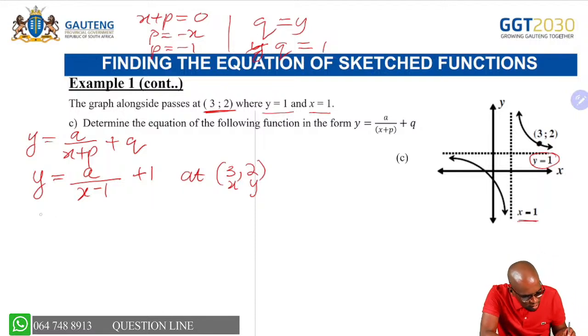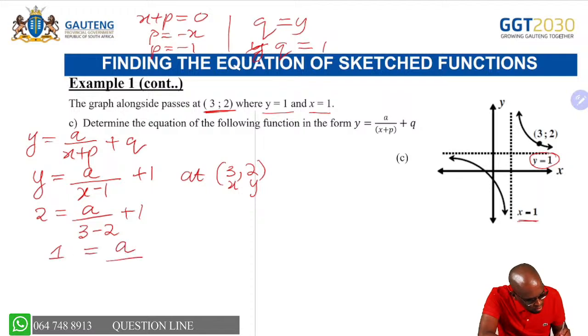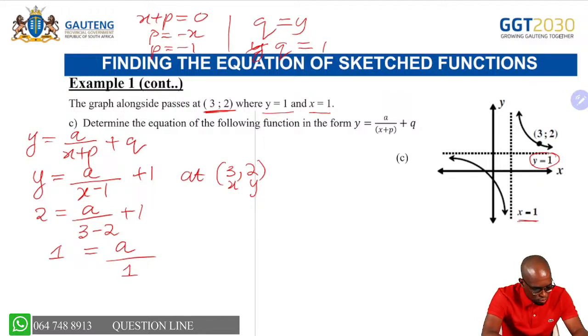So now if I substitute y as 2, a divided by 3 minus 2, plus 1. If I simplify here, transposing the 1, I get 1 is equal to a divided by 1, so a is equal to 1.